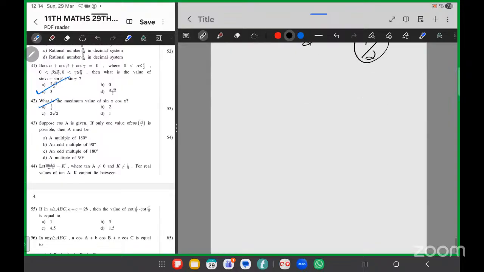Suppose cos A is given. If only one value of cos A by 2 is possible, A must be. Cos A is given. That means 1 plus cos A is equal to 2 cos square A by 2. So it is a quadratic equation.